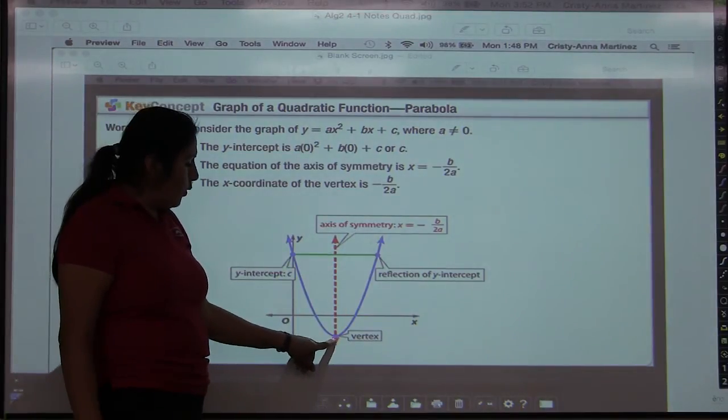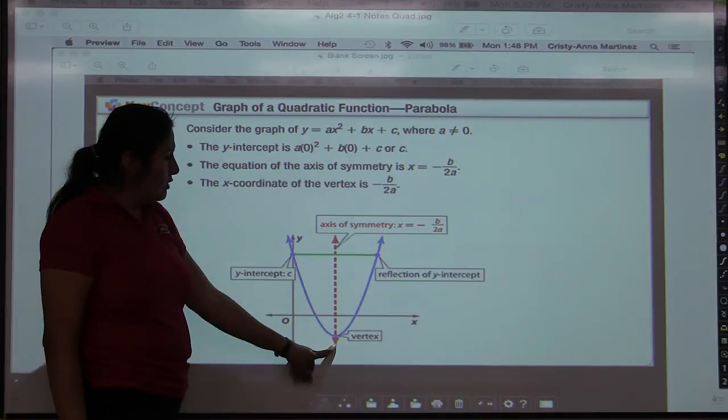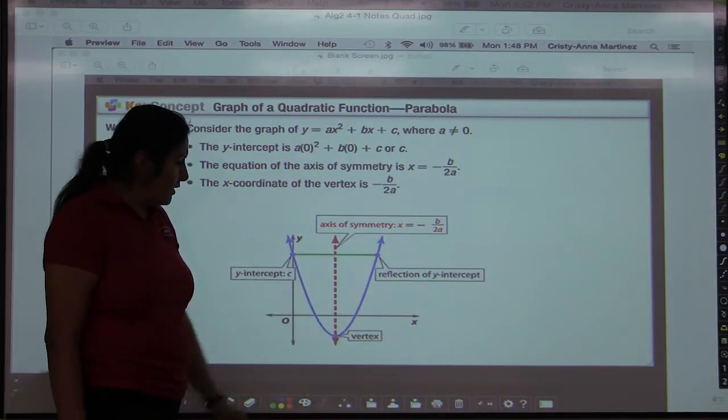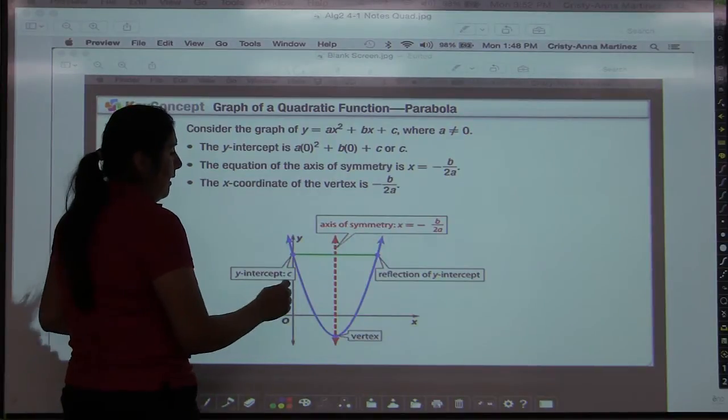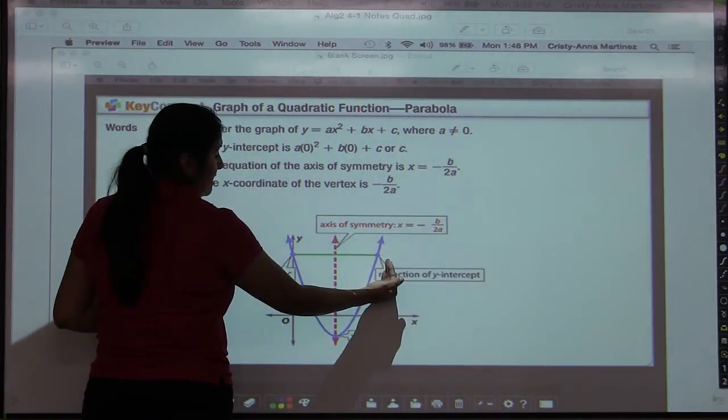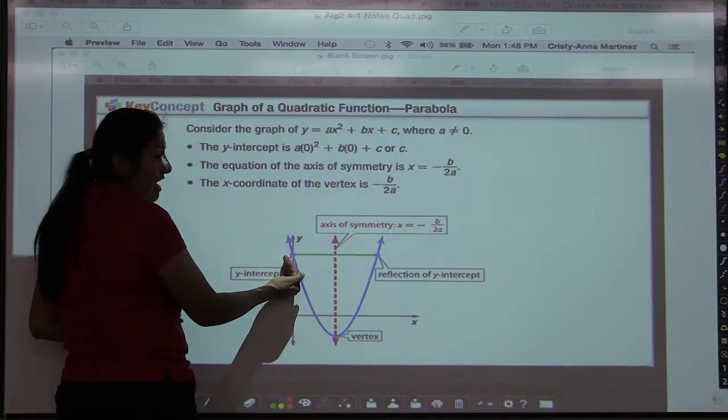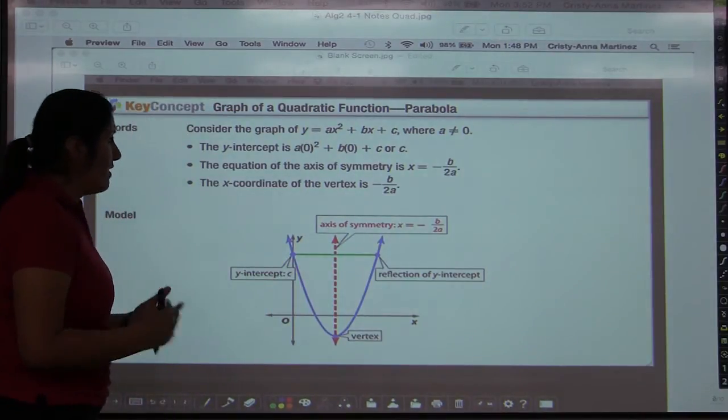And we call that point the vertex. So this axis of symmetry goes through that vertex, and what you see is a mirror image, a reflection, if you will, so that whatever's on the right of this line, the exact same thing will be on the left of that line. And we call that symmetry.